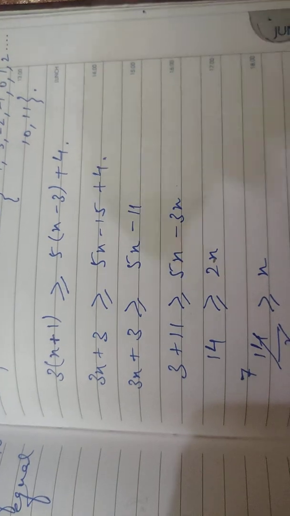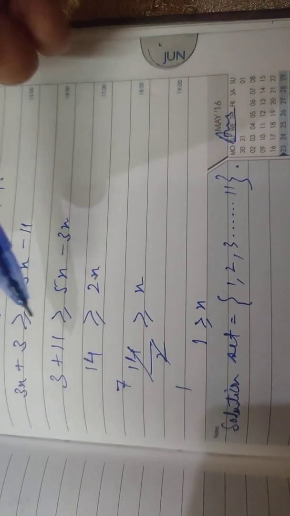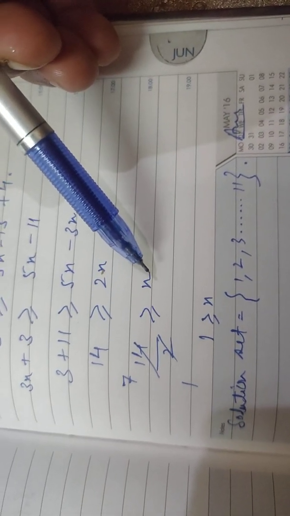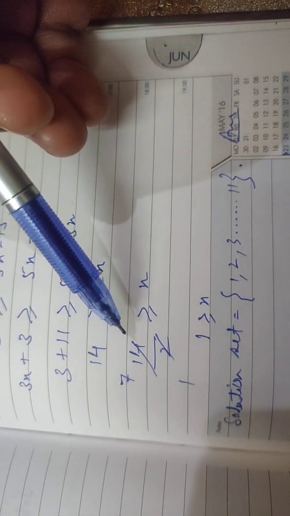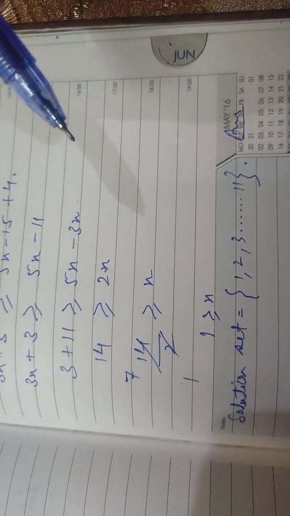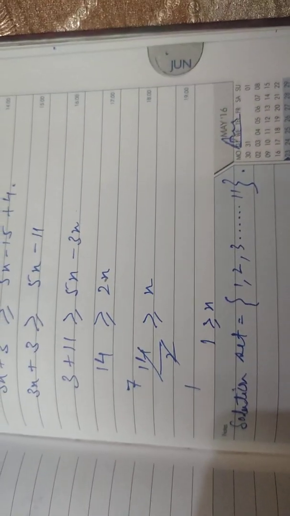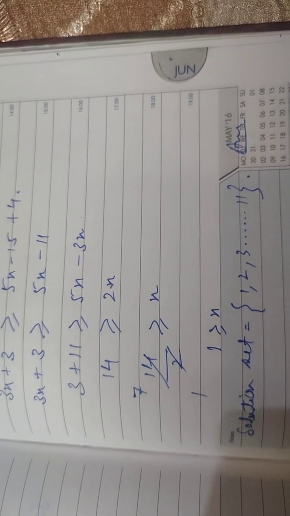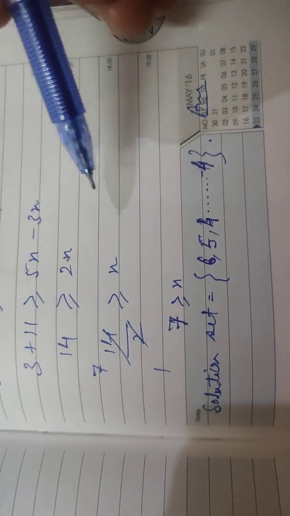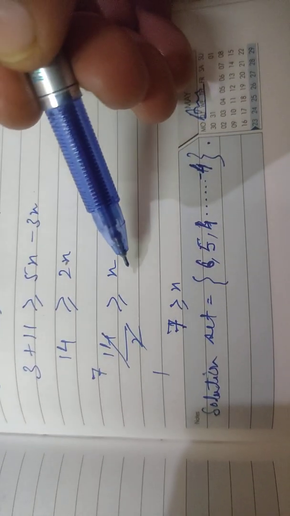And finally, 2x ≥ 14. On cross multiplying, the value for x can be taken out as 14 upon 2, which on cancellation will be giving us 7. So this will be read as x is less than equal to 7.